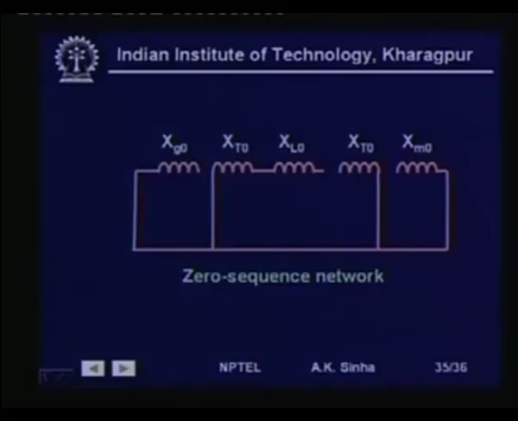So, zero sequence and negative sequence networks are basically dead networks. Only when there is an unbalance do these networks get connected to the positive sequence network, and there is current flowing through them because of the voltage sources available in the positive sequence network.